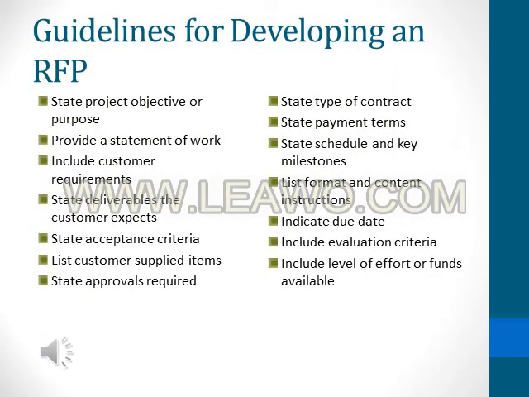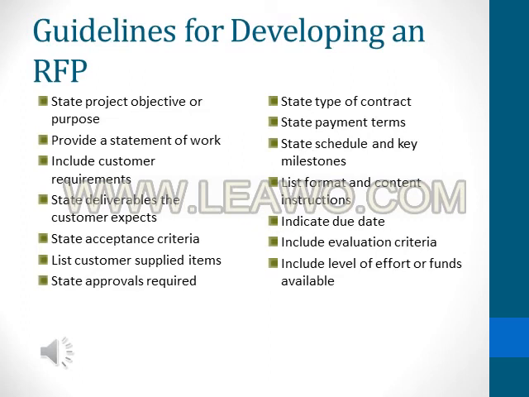Guidelines for developing an RFP. Following are some guidelines for drafting a formal request for proposal to external contractors. The RFP must state the project objective or purpose, including any rationale or background information that may be helpful to contractors so that they can prepare a true and responsive proposal.